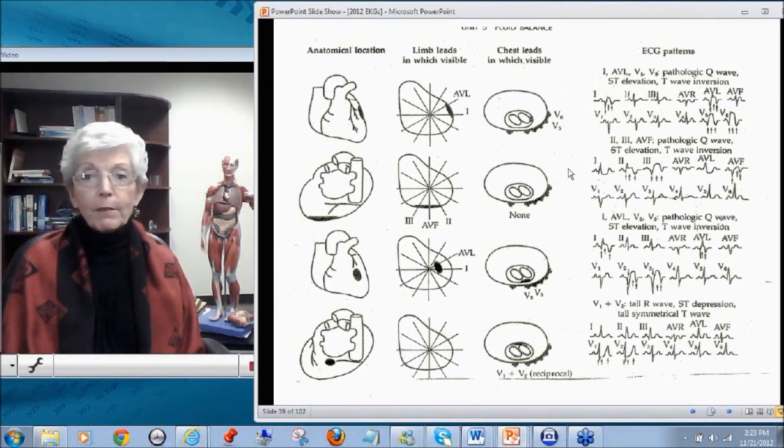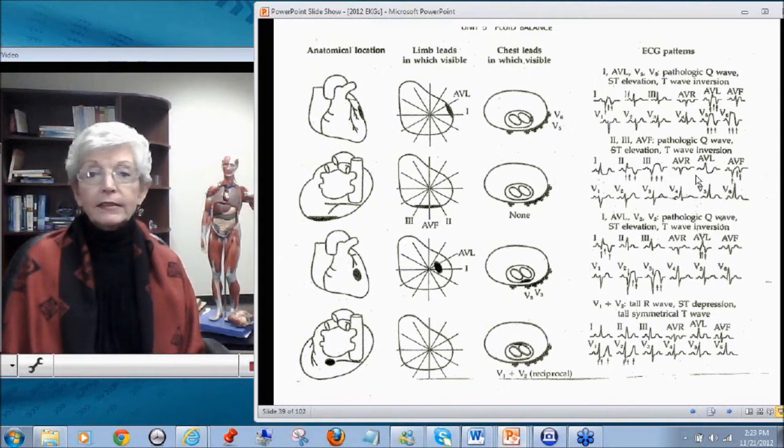So when I look at my 12-lead EKG and I see changes here in 2, 3, and AVF, I've got a pathologic Q, ST elevation, and T wave inversion in leads 2, 3, and AVF. So let's look at it. Lead 2, I've got ST segment elevation. Lead 3, certainly look at that tombstone.